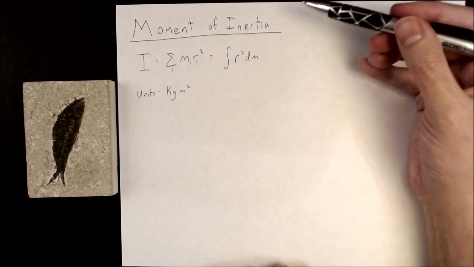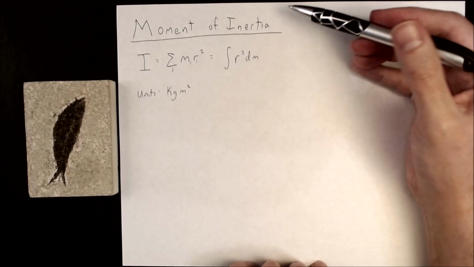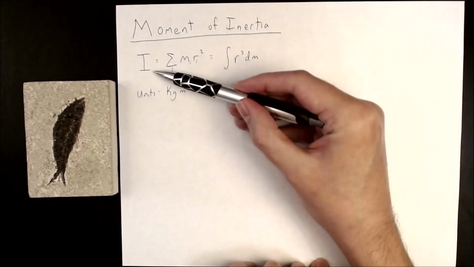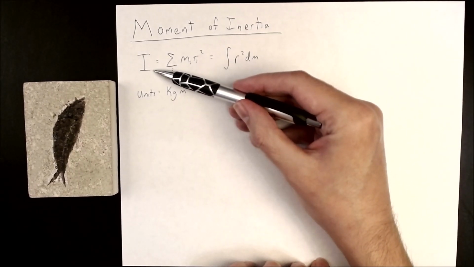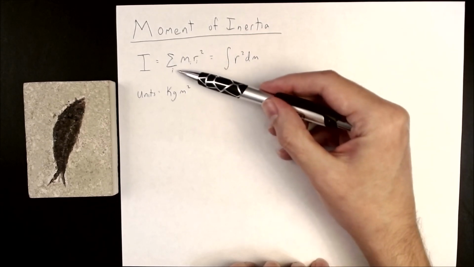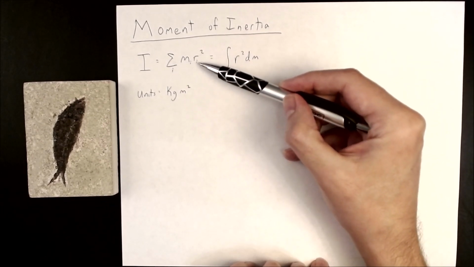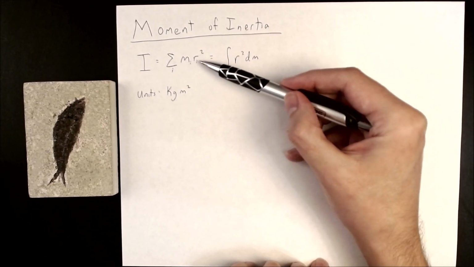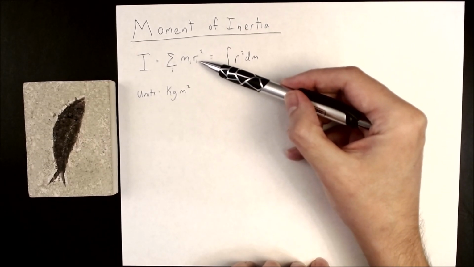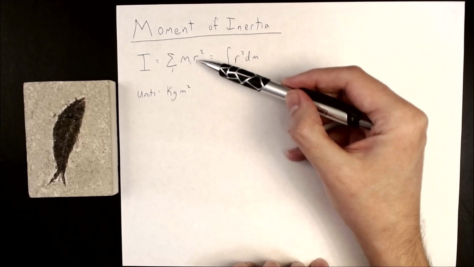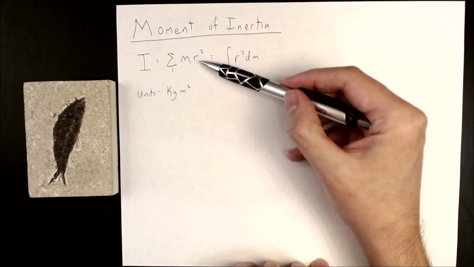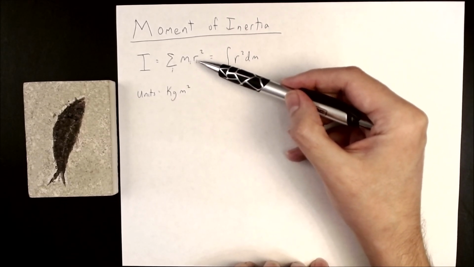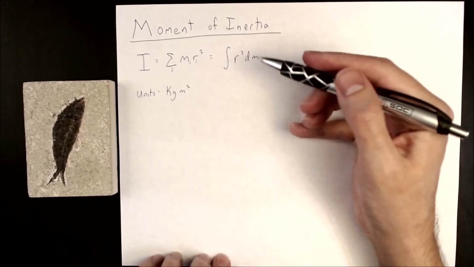Well, we use something called the moment of inertia. We use the letter capital I to express the moment of inertia, and that is equal to the sum of all the individual mass components times the distance that mass component is from the center of rotation, squared. R is the distance to the center of rotation, to some axis.